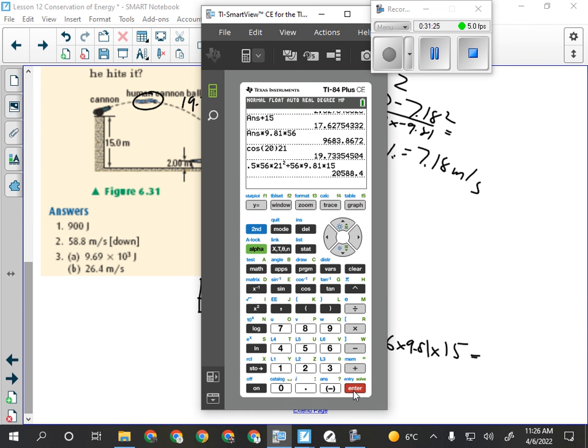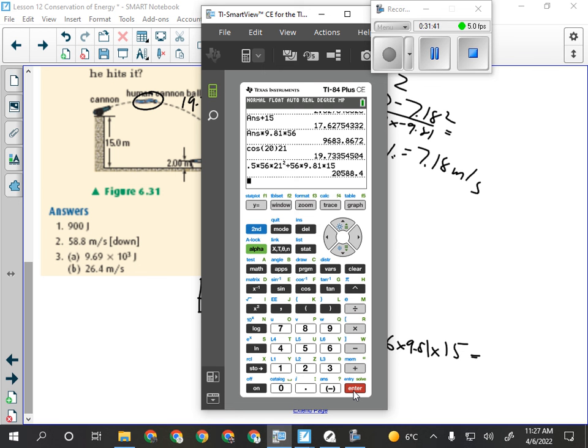All right, so that's the total mechanical energy anywhere in flight. Anywhere throughout the course of this flight, that's how much mechanical energy he has, because EI equals EF no matter where we are. Okay, so 20,588.